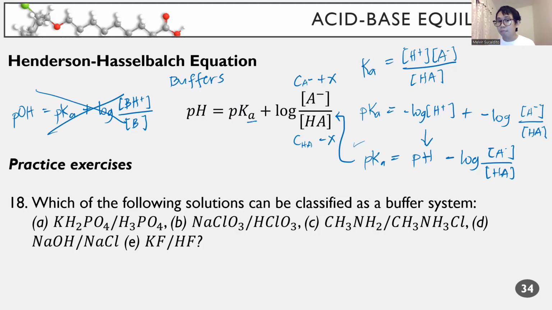But remember, this is pKa. So what you need to get for the negative logarithm is the Ka of the conjugate acid. So kunyari, you are given an ammonia-ammonium buffered solution. Ang gagamitin mong pKa dito ay pKa ni ammonium.